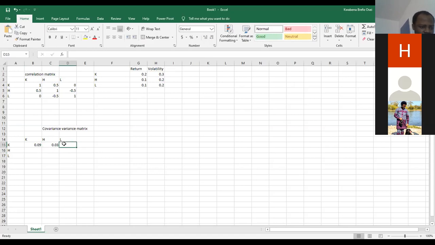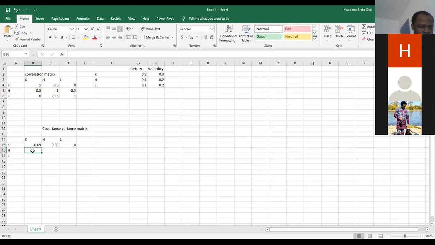Now I'm looking for K and L. The correlation is 0, times the volatility of K and the volatility of L, which is 0.